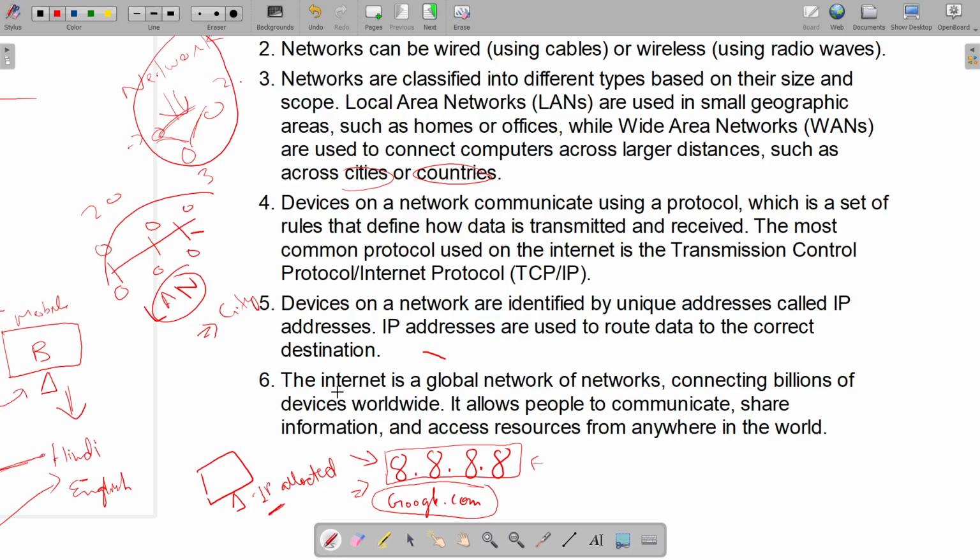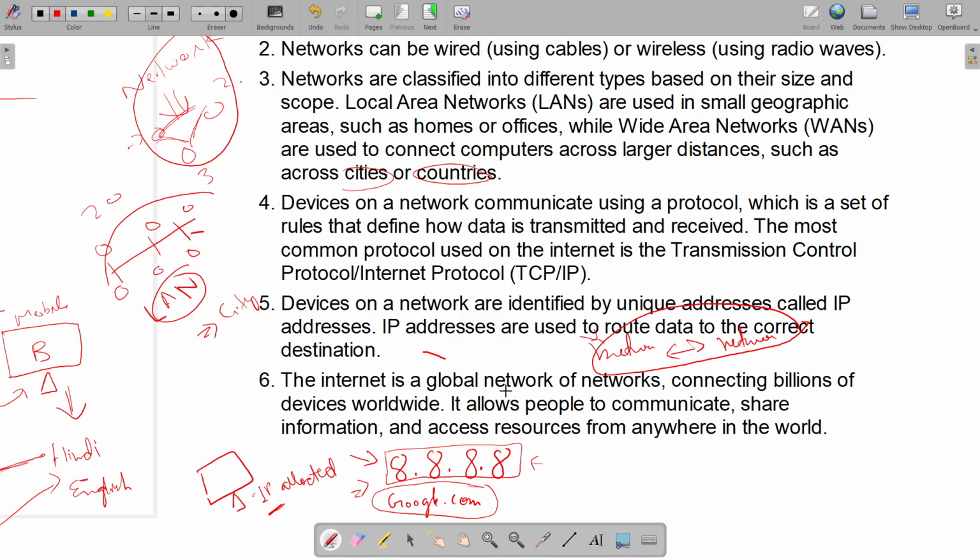Okay, now what is the internet? Internet is basically when networks are interlinked with networks. It's a huge network to which every device connects, and that makes the internet work.